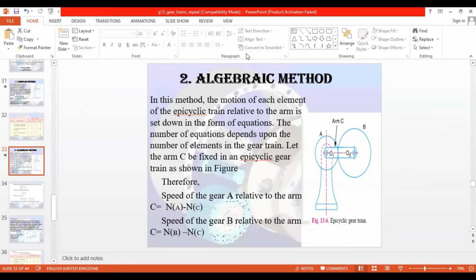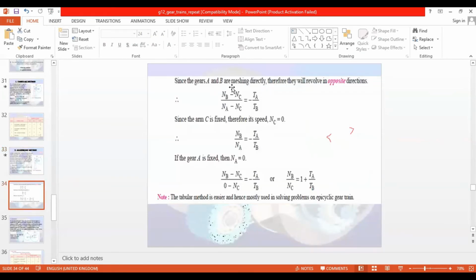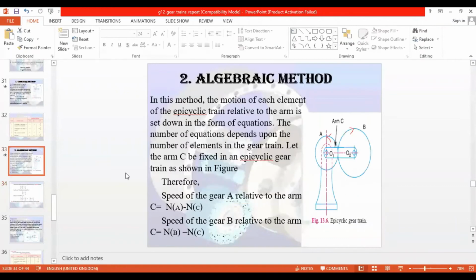Since this forms a simple gear train, if this is moving clockwise, definitely this will move anti-clockwise. So A and B are going to rotate in opposite directions. Speed ratio, we know, can be given by NB upon NA is equal to TA upon TB, right?